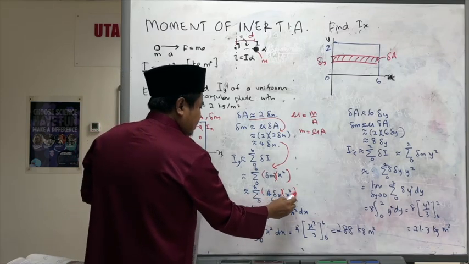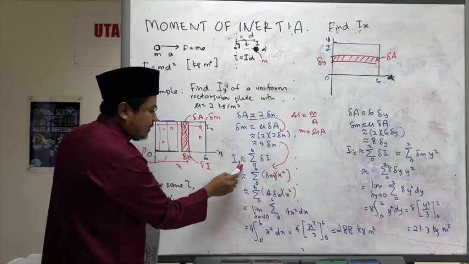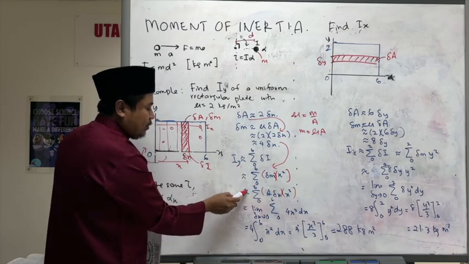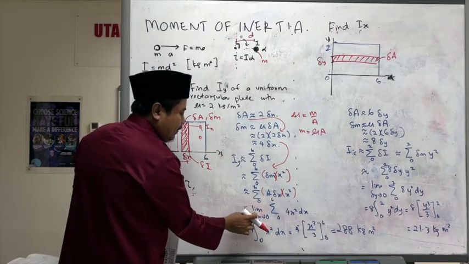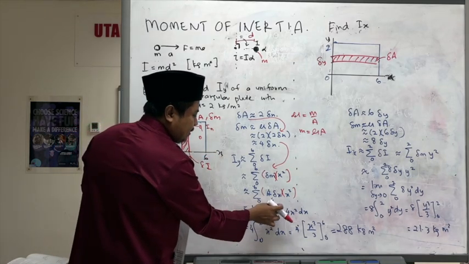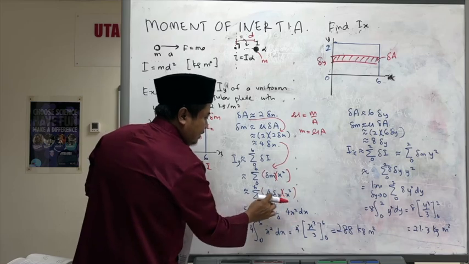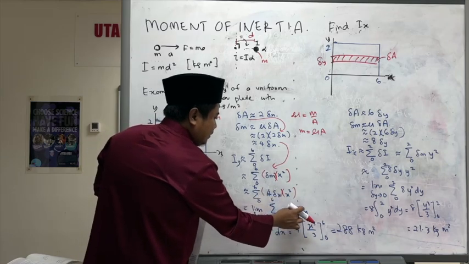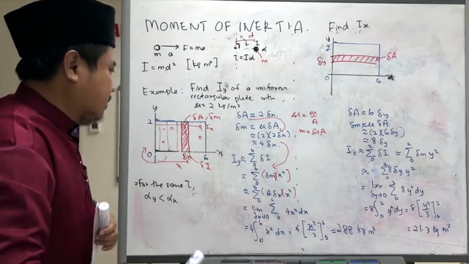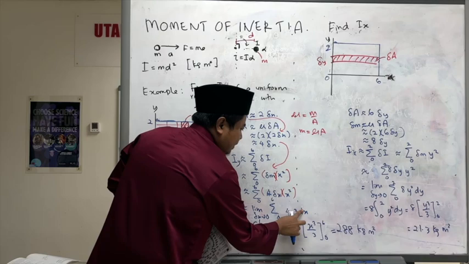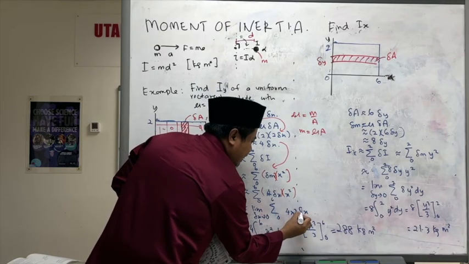This is an approximation. Now we want the exact value, so we take the limit as delta x approaches 0 of the summation from 0 to 6 of all these terms. So it should still be delta x.